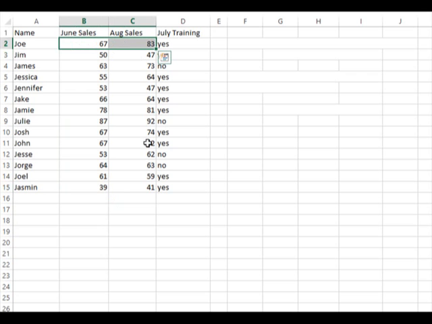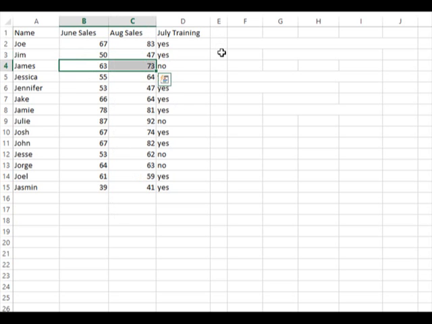What we really have there is one observation of growth that tells us that Joe sold 16 more units in August than he did in June. That's some indication that sales increased. For Jim, however, sales decreased by 3. For James, sales increased by 10.